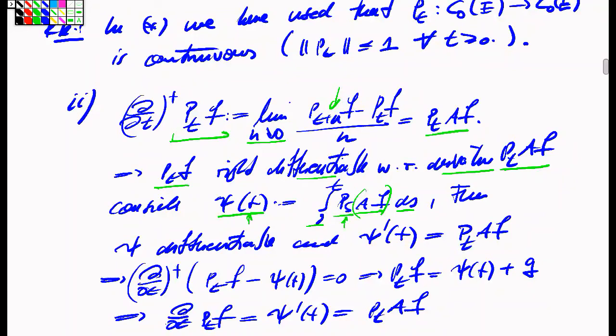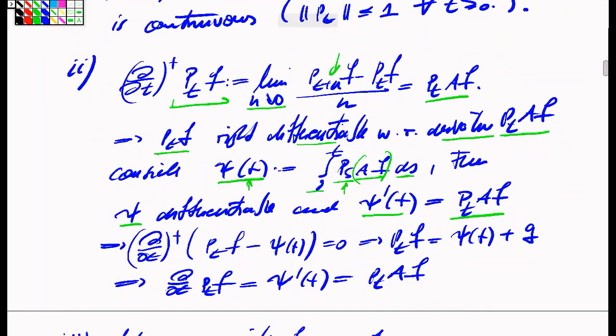Then this is continuous, and by the fundamental theorem of calculus even a differentiable function with respect to the time parameter t. As usual, I know that for this particular function I can explicitly identify the derivative through the fundamental theorem of calculus as PtAF.